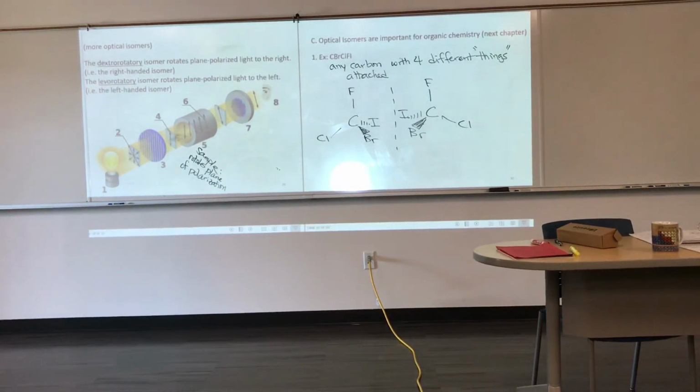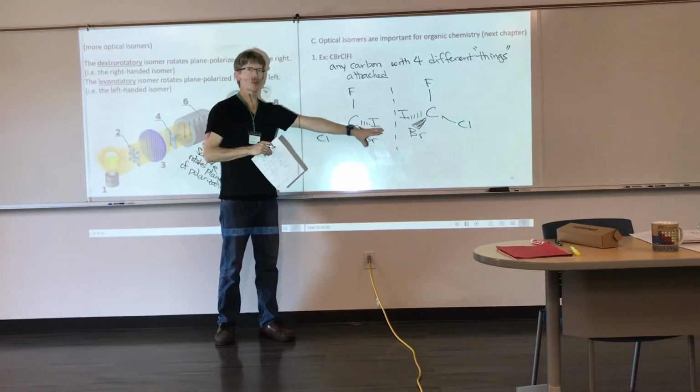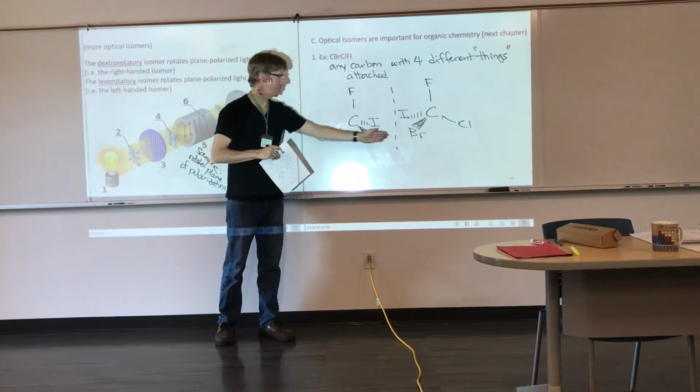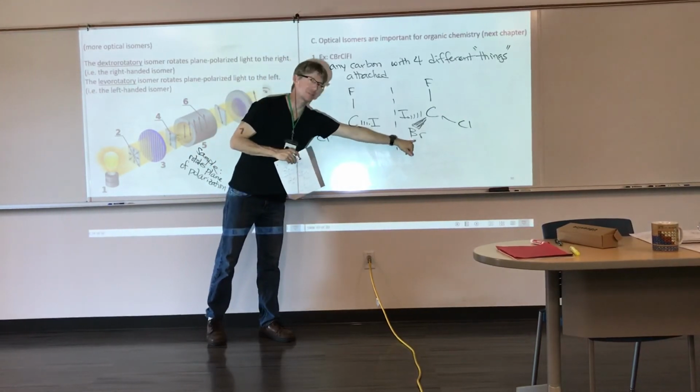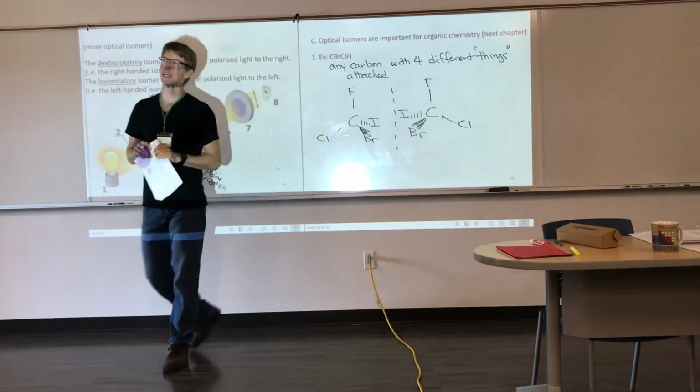The key is they're mirror images of each other. And again, this is why it's important to be able to draw these with their wedges. This bromine is coming out of the board at us, and it is still coming out of the board at us. And these are like hands.